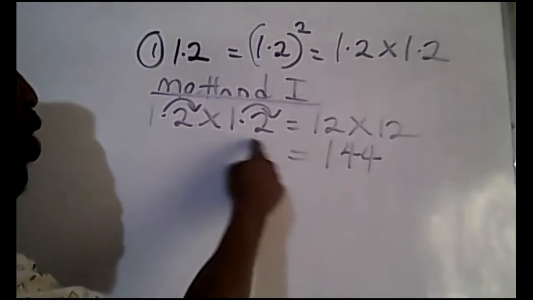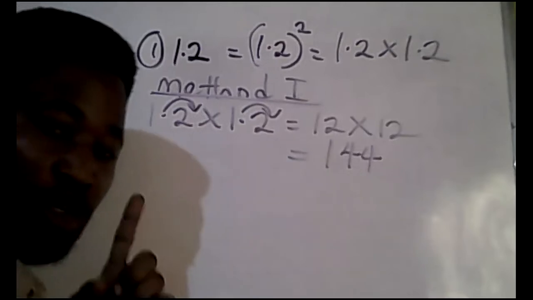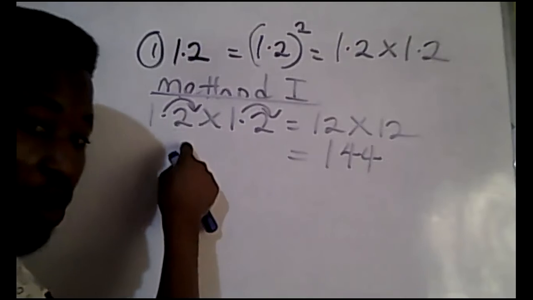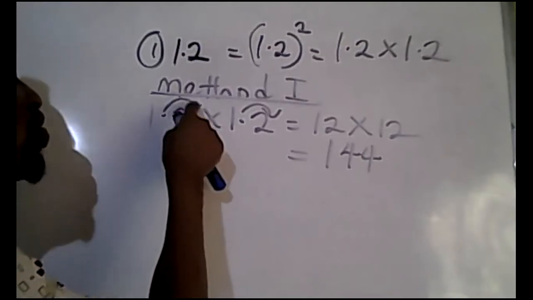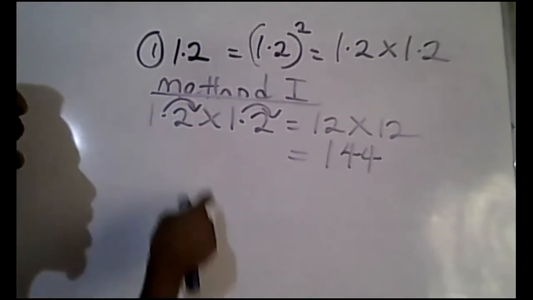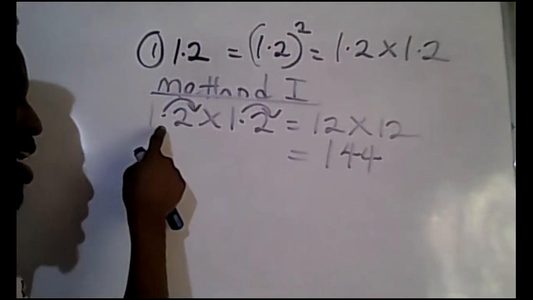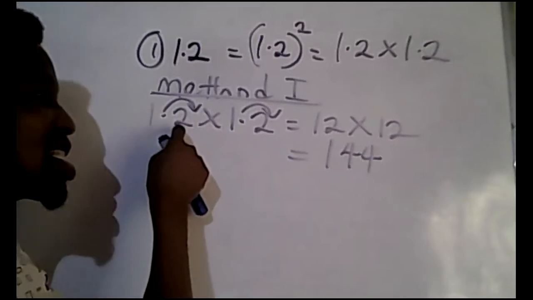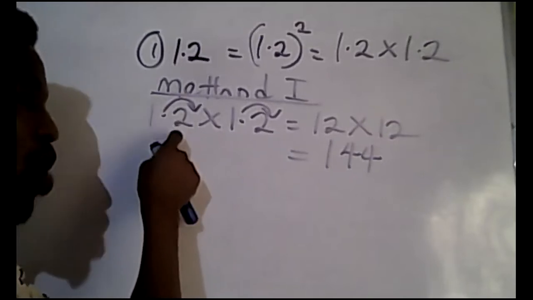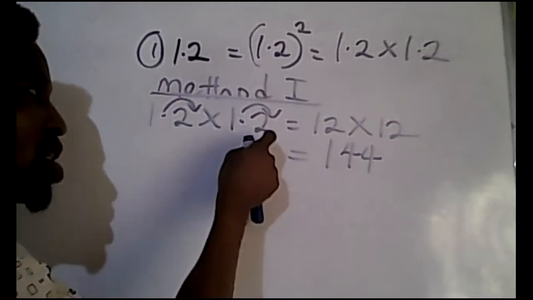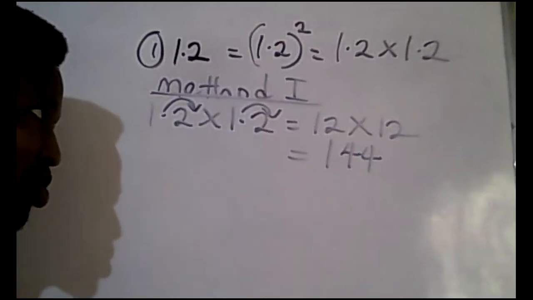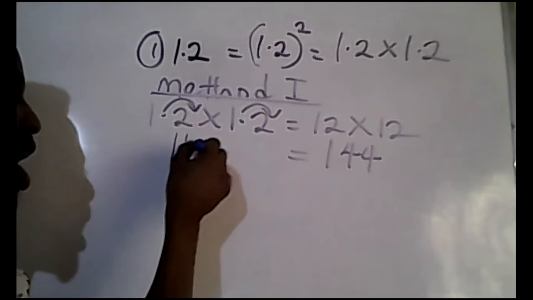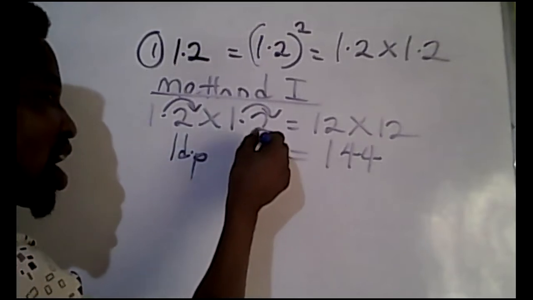Now, how then do we put back our decimal point? Don't forget, before we started this, I told you to take out the decimal point, right? So you moved out this decimal point one time, and you can see clearly that there is just one digit after this decimal point. That means one decimal place here and another one decimal place here.